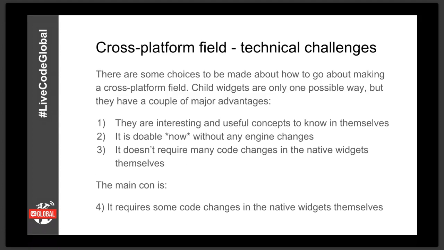This is doable now without any engine changes, at least for a demo. And it doesn't require many code changes in the native field widgets themselves. Unfortunately, it does require some code changes in the native widgets themselves.